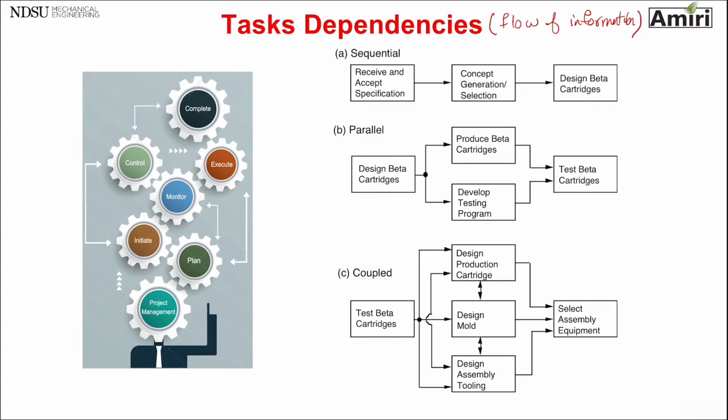In sequential tasks, a later task can start with partial information, but it cannot finish until the task before it is finished and all the information is received, and so on. The parallel are the tasks that are both dependent on the information from previous tasks.